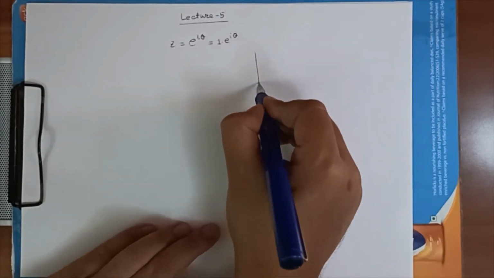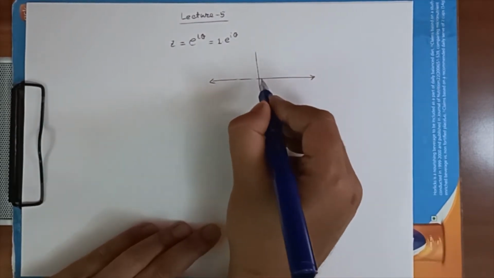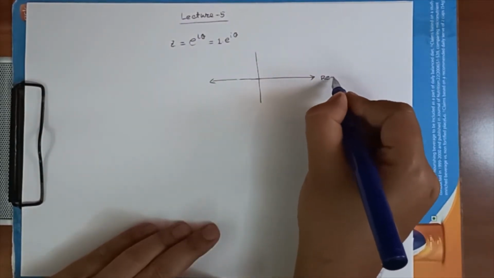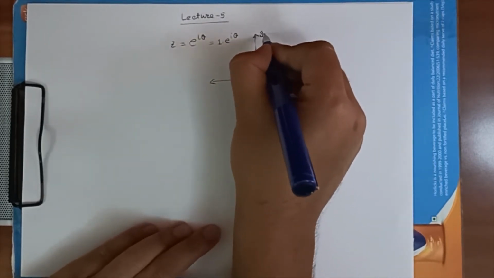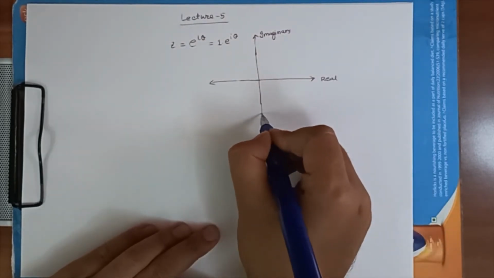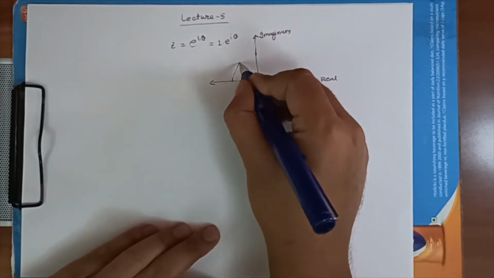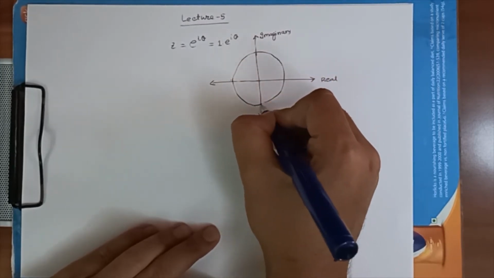If you draw it on the complex plane, how does it look? This is the complex plane, this is the real axis, this is the imaginary axis. Then the phasor will rotate on this unit circle.